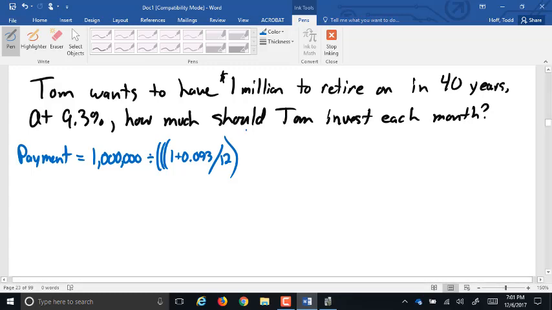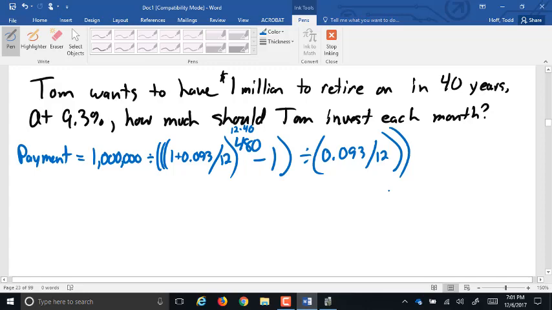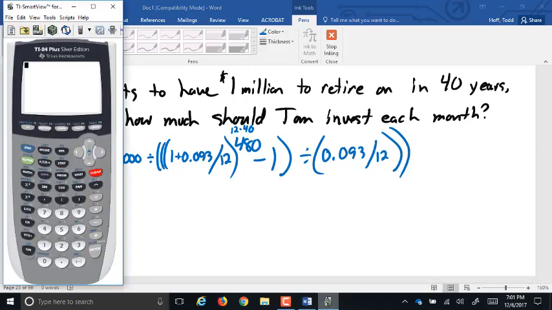Write that down and let's compare and see how far off you are. To the power of 12 times 40, which is 480, minus 1, close, divided by open, 0.093 divided by 12, close, close. Let's see if I make this work on the first try.